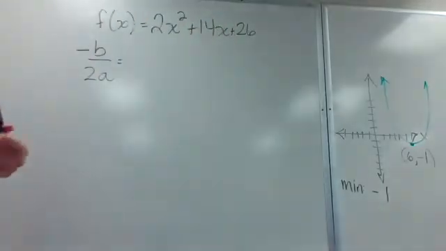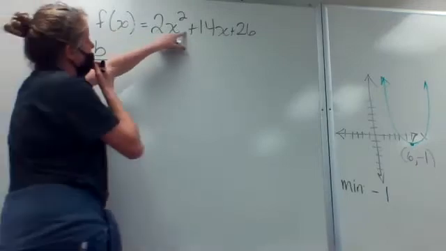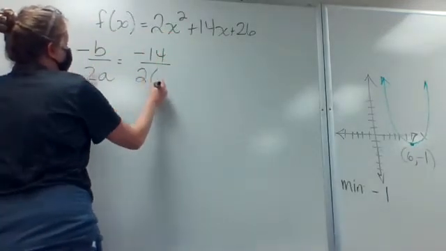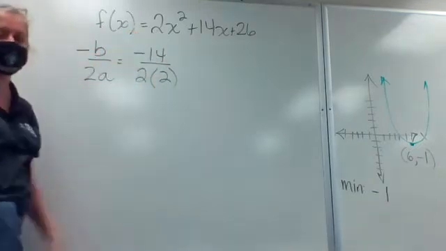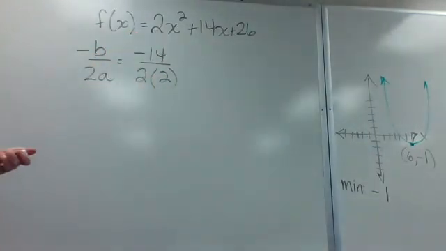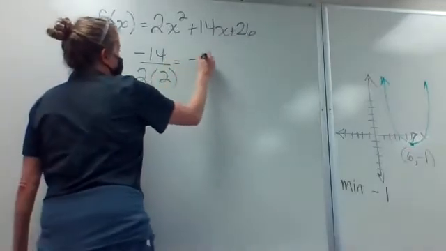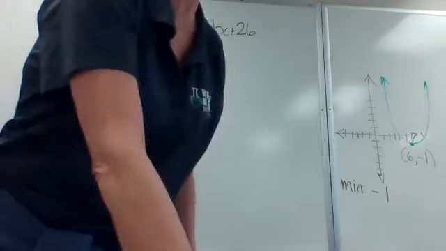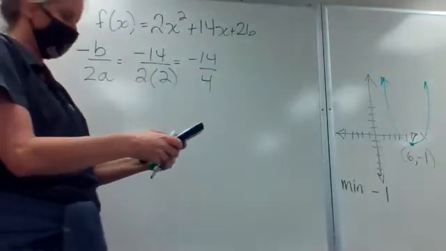Okay, so the opposite of b would be -14 over 2 times a, which will be 2 times 2. So this time I have -14 over 4. If you don't like to reduce in your head, just reduce in your calculator. How can I do that?